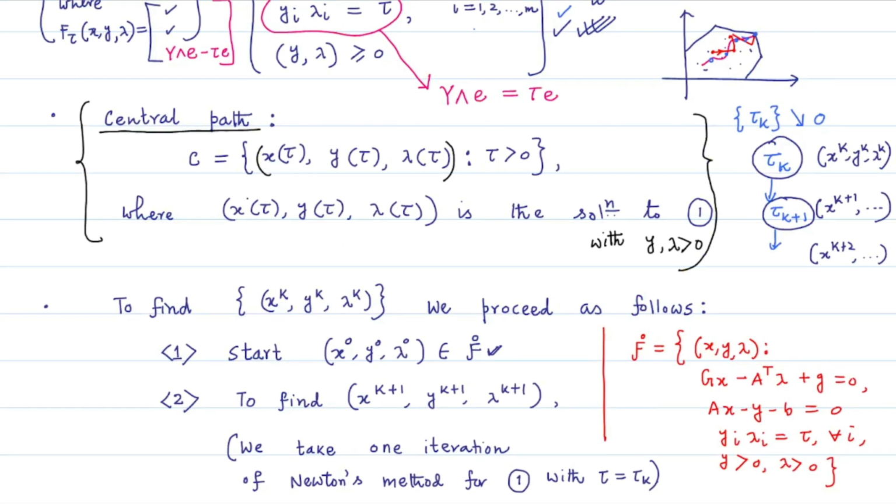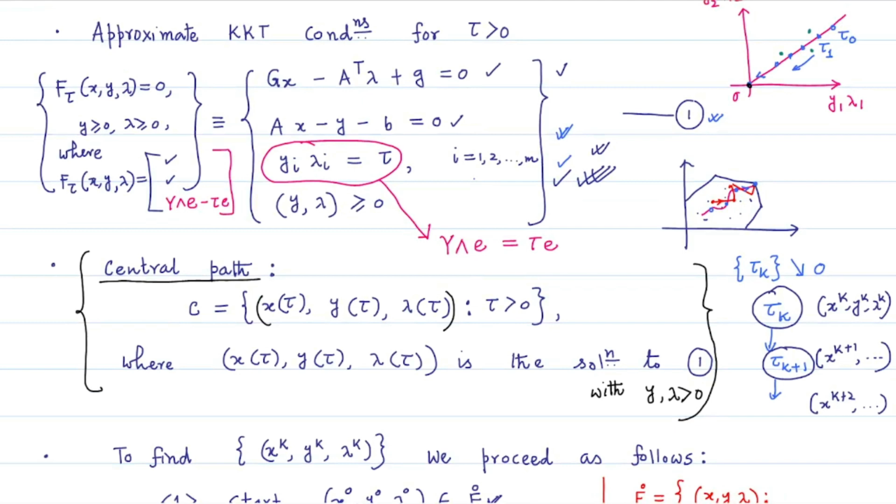This is not exactly what we are doing, because to find this x tau, y tau, lambda tau exactly, you notice that we have to solve these approximate KKT equations for every given tau, maybe with the help of Newton's method, and that will be really a tedious and cumbersome process. That for every given tau, you go for finding an exact solution of this system with the help of Newton's method, and then find x tau, y tau, lambda tau, and take the limit tau tends to 0. And that is not exactly what we are doing.